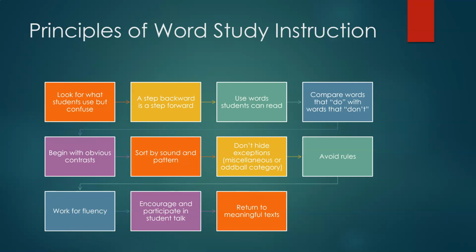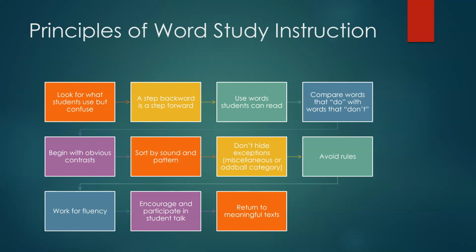Don't hide exceptions. That oddball character like bear in the example that we had in the beginning of the slideshow. Avoid rules because, let's face it, the rules are always broken in some way. No rule is steadfast. There's too many exceptions in our English language.